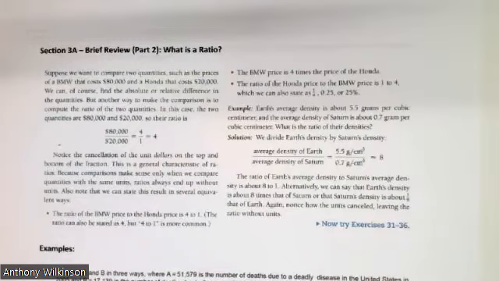Here's an example. Earth's average density is about 5.5 grams per cubic centimeter, and the average density of Saturn is about 0.7 grams per cubic centimeter. What is the ratio of their densities? So all we do there is just divide Earth's density by Saturn's density.